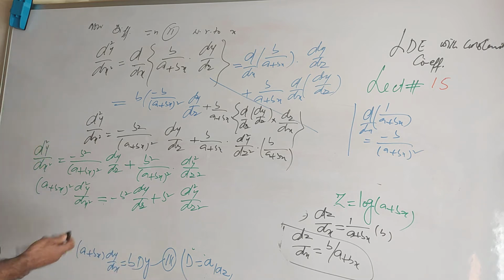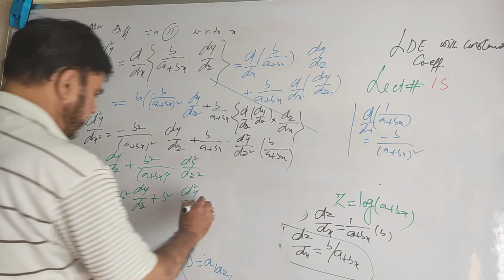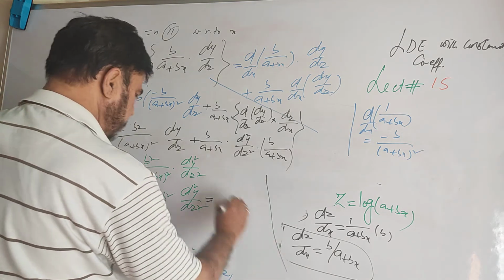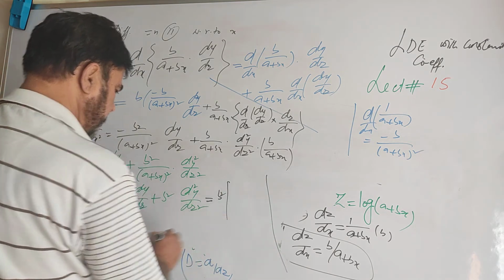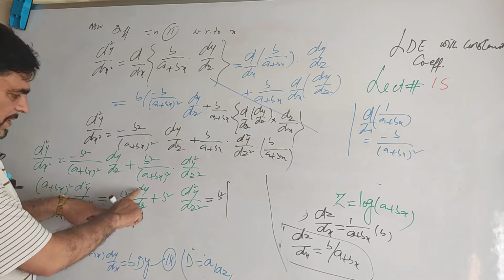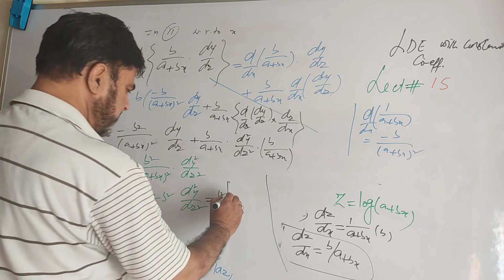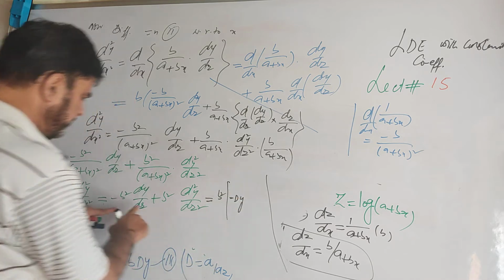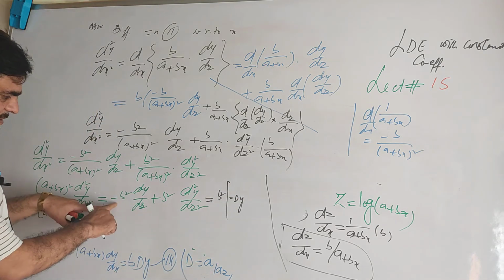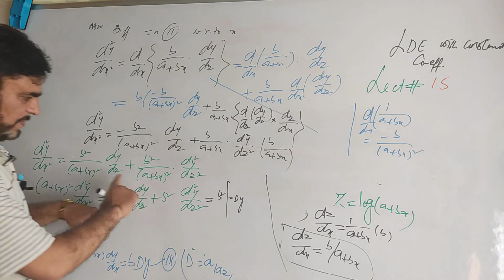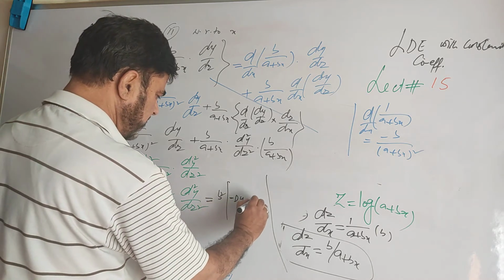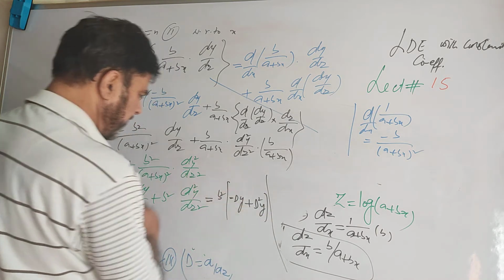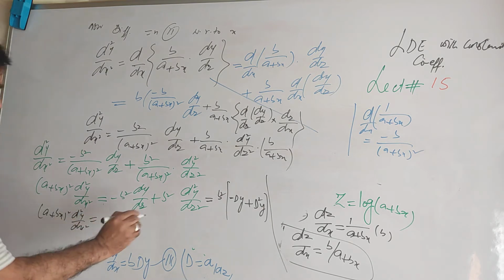Now this gives me (a plus bx) square d2y by dx square. I can write here, take b square common. When you take b square, d by dz is D, it is minus D y, because d by dz is D, b square is out, it is plus D square y. So that this is what now?